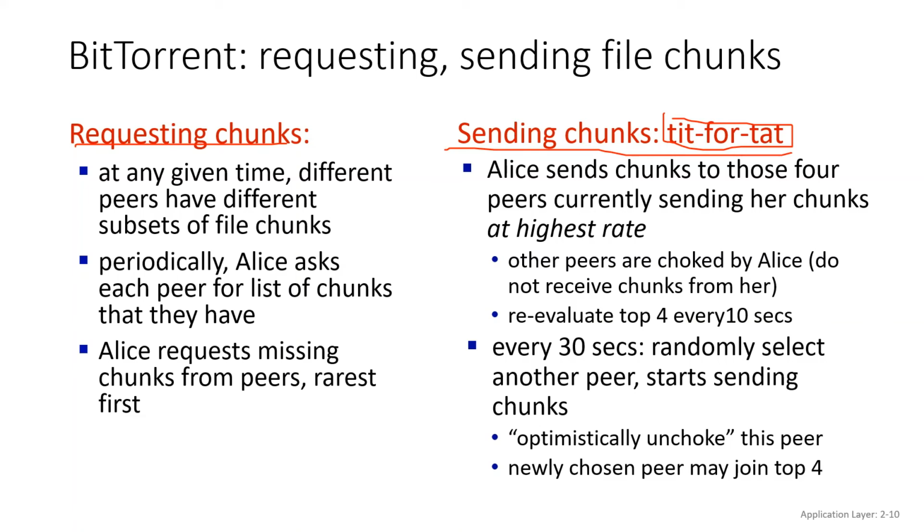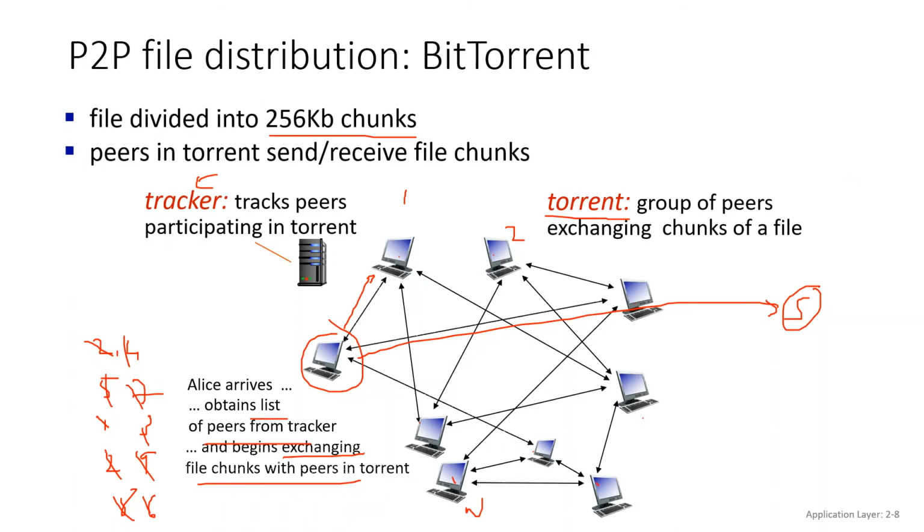So what happens is, remember when we were downloading the chunks from the different computers, you take some two chunks at the first time, and each and every chunk has 256 kilobits, right?